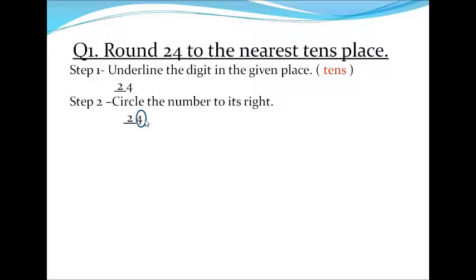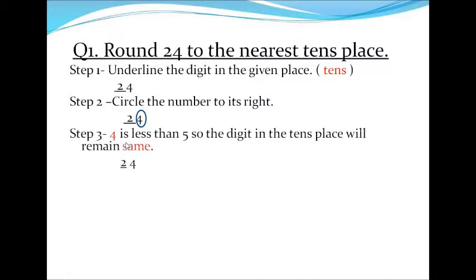So let's circle it. Now the third step says you should find out whether we have to round off to the same 10 or to the next 10. Now this we can find out with the help of the number which has been circled to the right of the tens place. Over here the number is 4. So 4 is less than 5. Moreover, if you remember the rules, the number ending with 1, 2, 3 and 4 will be rounded to the same 10.